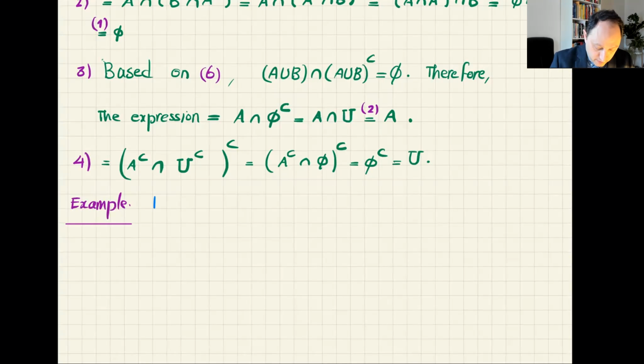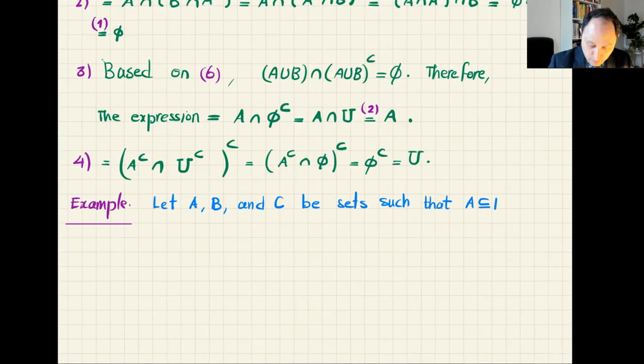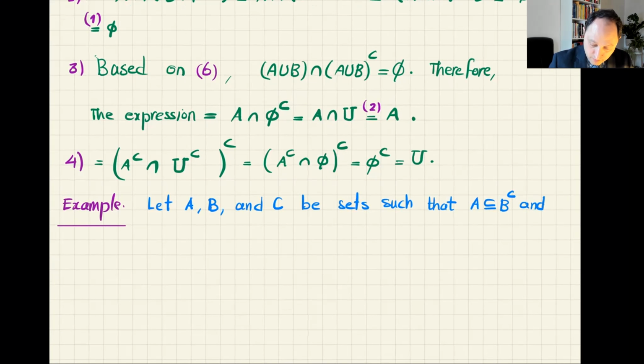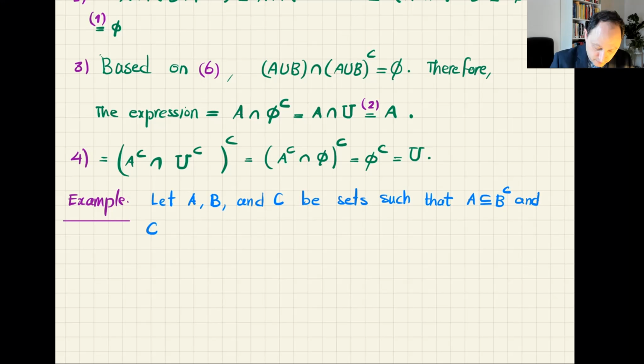So let A, B, and C be sets such that we have two assumptions: we know that A is a subset of B complement, and we know that C is a subset of B. Simplify the following expression.